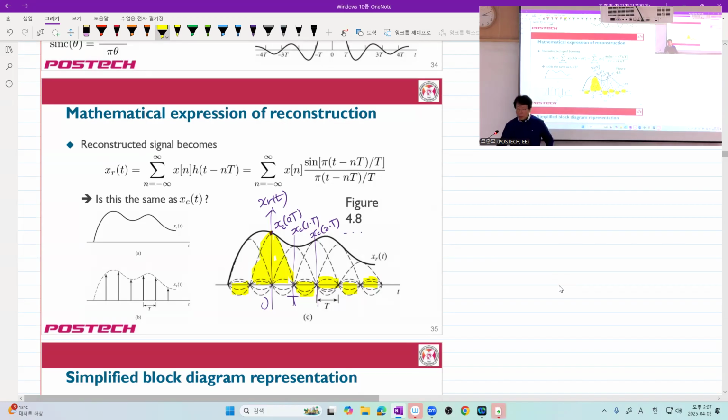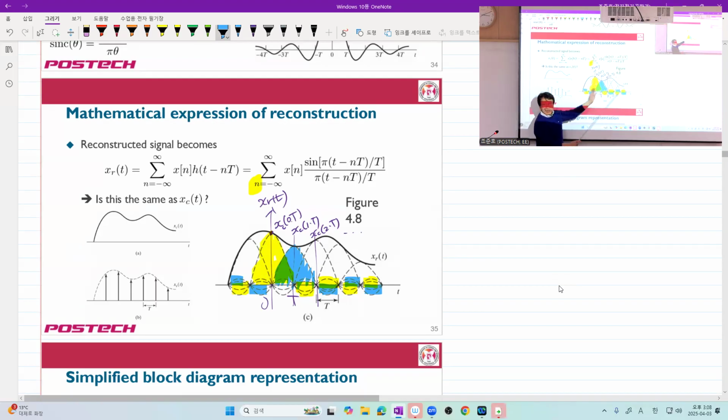Now, what is the first term, n equals 1? You have a shifted sinc pulse by capital T, scaled by the first sample.